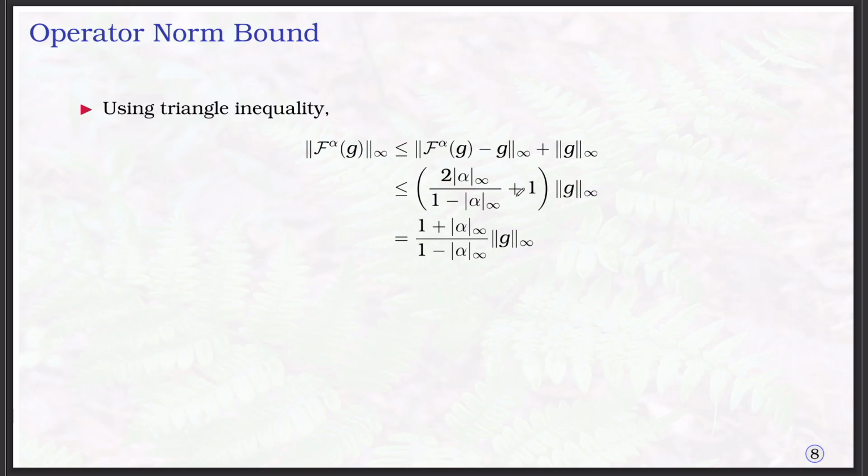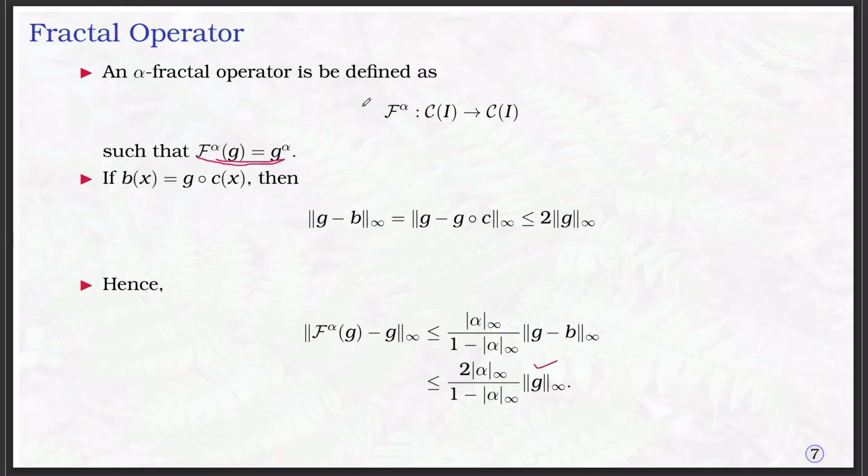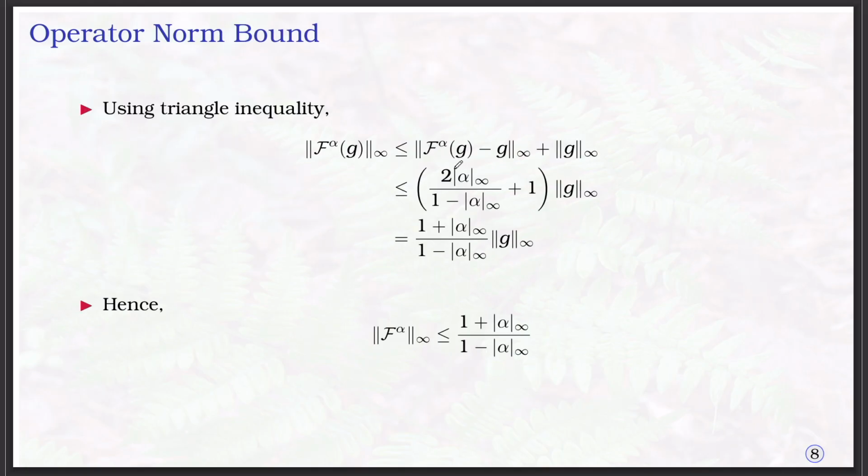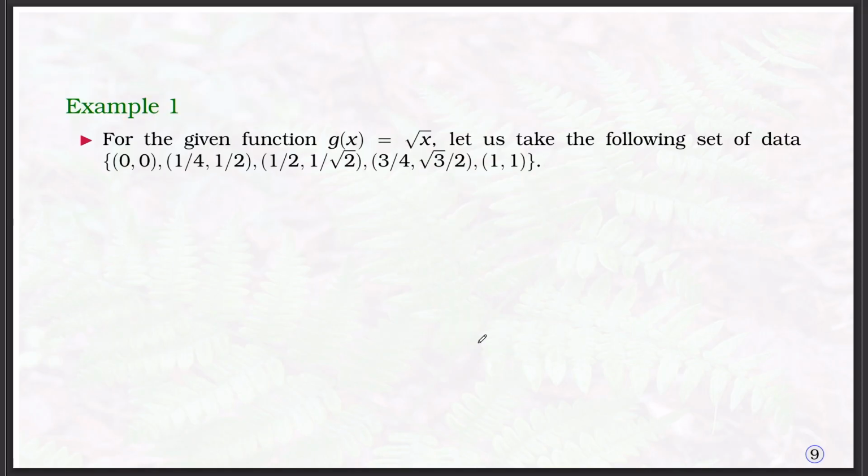This can be reduced by simple calculations to 1 plus the maximum of alpha I over 1 minus the maximum of alpha I, that means the maximum of the scaling factor, times the norm of alpha times G of alpha, which is bounded by this term. So this fractal operator is a bounded operator. Hence the G of alpha one can write like this.